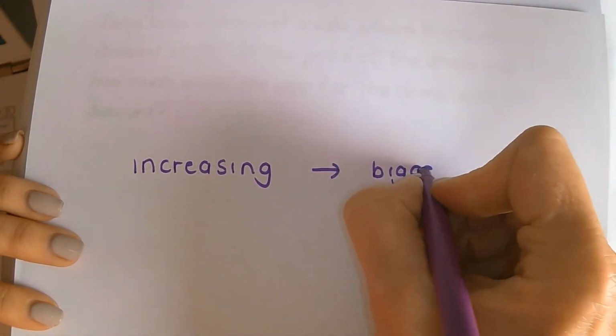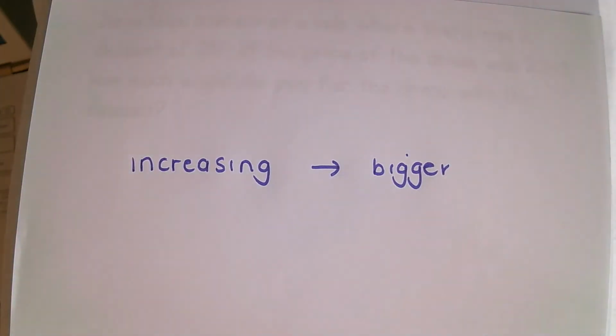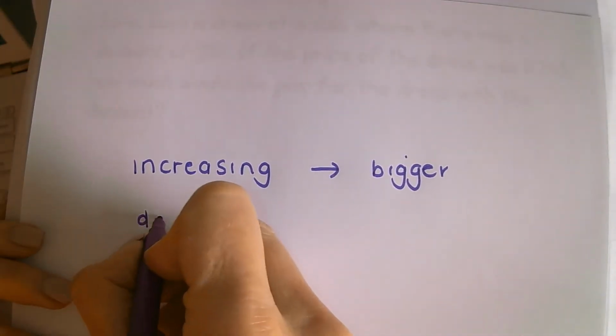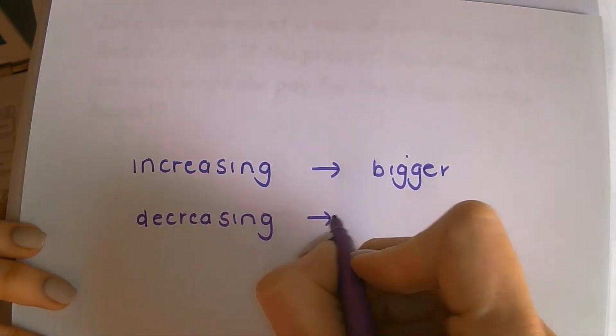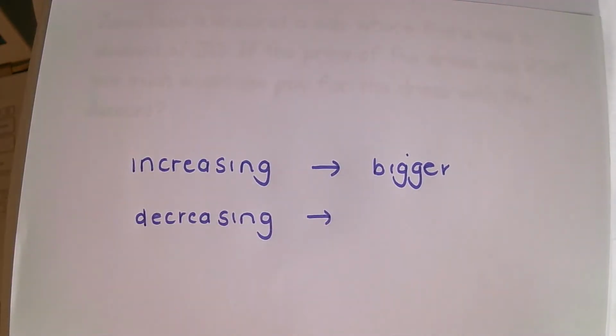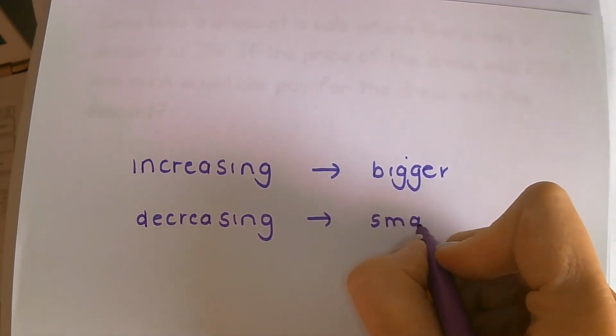Increasing the price of something makes it more expensive. If we decrease it by a certain percentage, we're going to make the price lower or smaller. So that's just something to bear in mind.